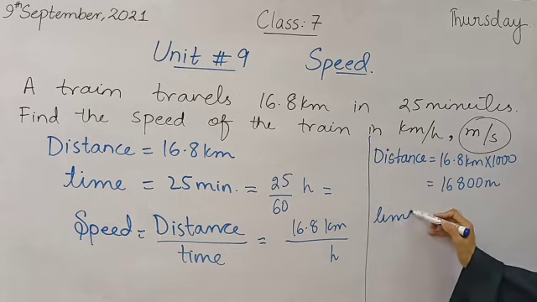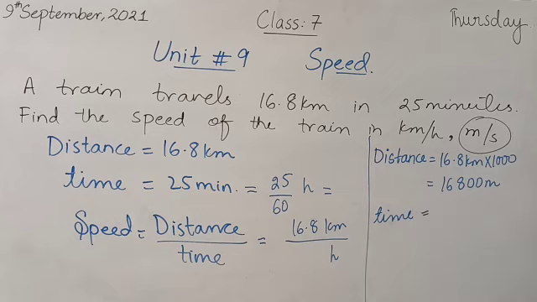Similarly, to convert the time into seconds, 25 multiplied by 60. Now the given time is in seconds. Okay? 25 times 60 is 1500 seconds.